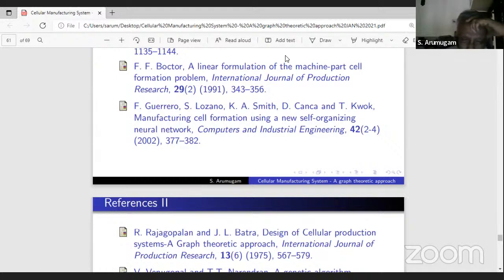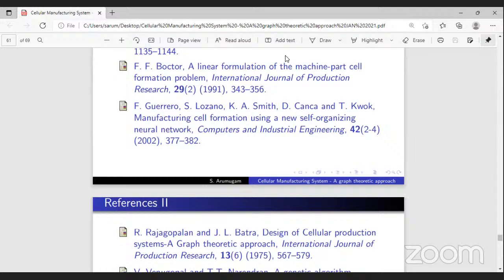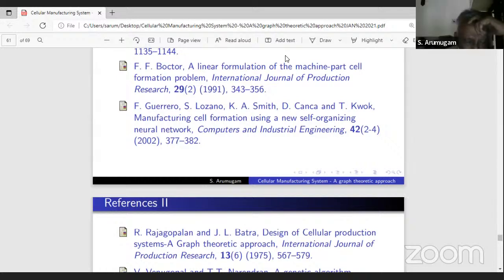Don't start with the model and search for a problem that can be solved using that model. That's not good. Start with a good optimization problem, and try to see how that problem can be reformulated using some mathematical terminology. It may be graph theory, it may be OR, it may be any other branch of mathematics.